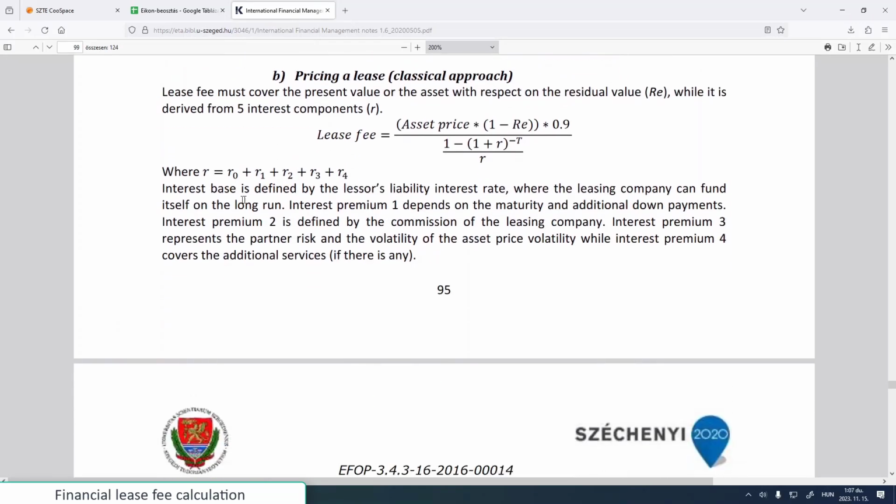So here we need several pieces of information. First of all, okay, we have the lease fee equation here, but before that we need R. So we need an interest rate, a discount rate, let's say discount rate. And the discount rate must be constructed from different components.